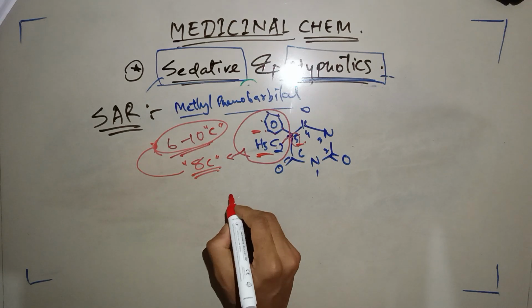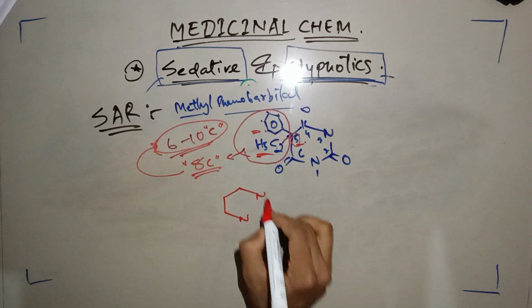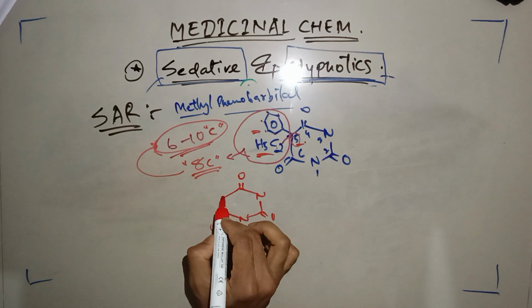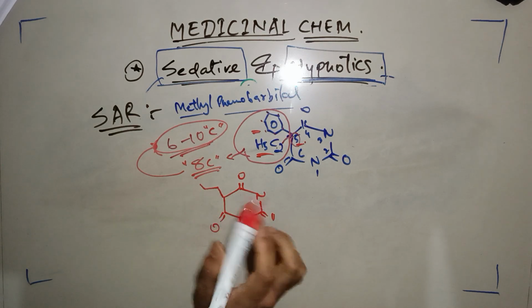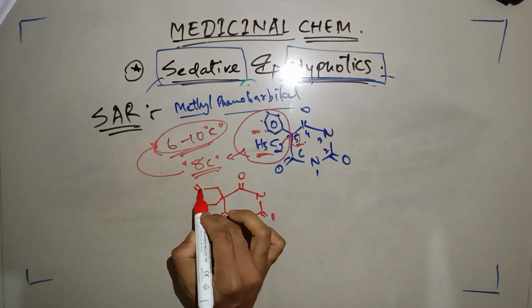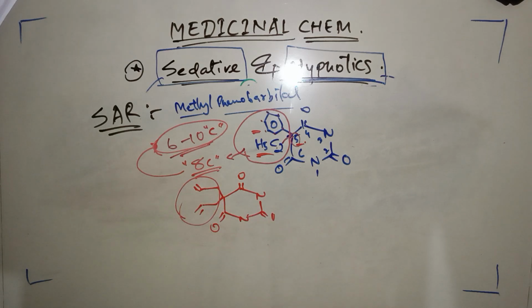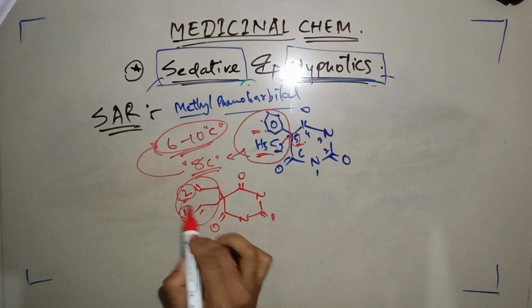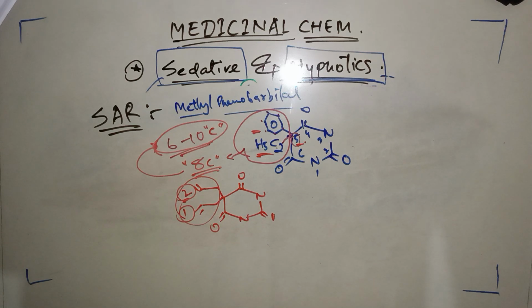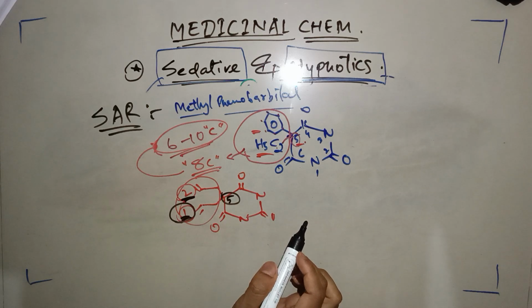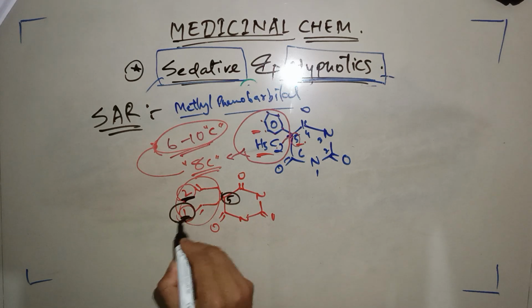So in the fifth position, in this position, if two different atoms like this, or any alkyl group, if two alkyl groups are present at the fifth position, then what will the pharmacological activity do?